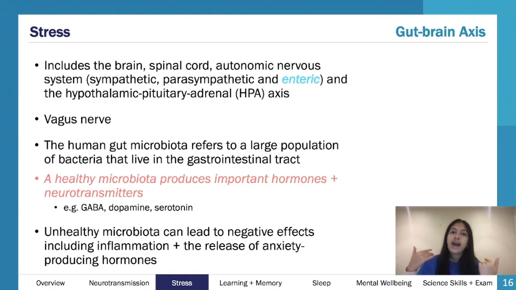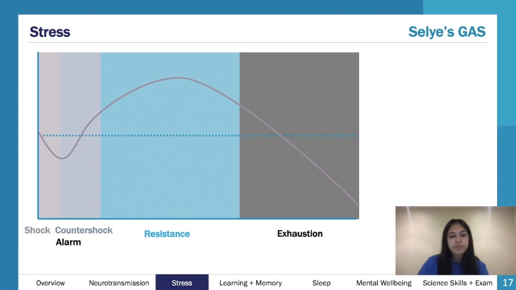Then you can see how that will affect your brain. On the flip side, if you've got a lot of stress going on, things going wrong in your brain, that can lead to odd things going on in your gut that can decrease the healthy microbiota and throw that balance out of whack as well.